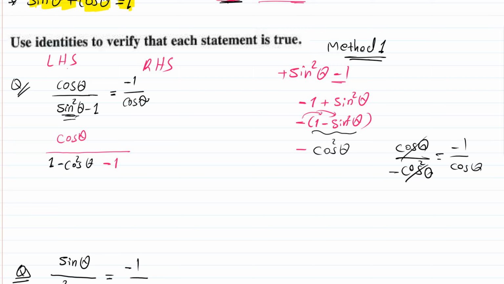True? So students, as you can see, we have positive 1 and negative 1. True? So they will cancel each other out, so what we get on the numerator is cosine theta all over negative, remember this negative, cosine square of theta.